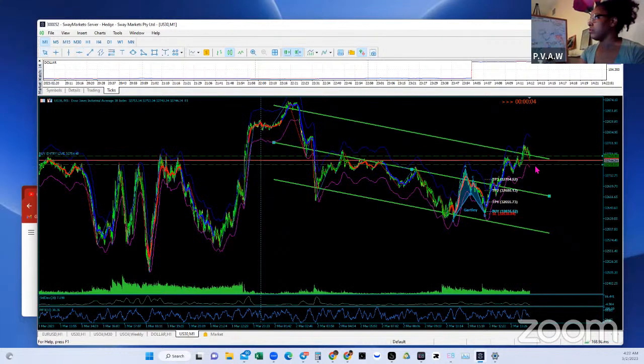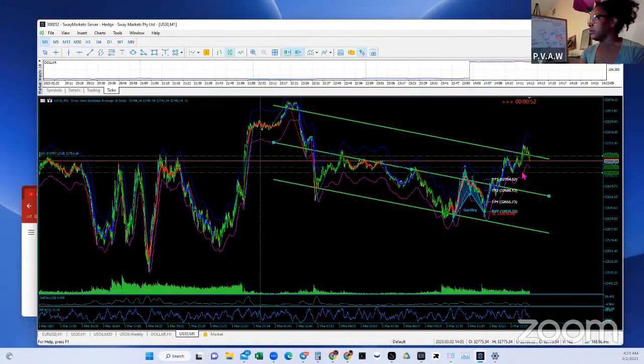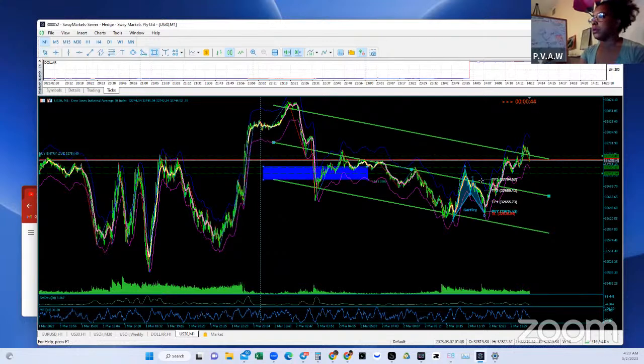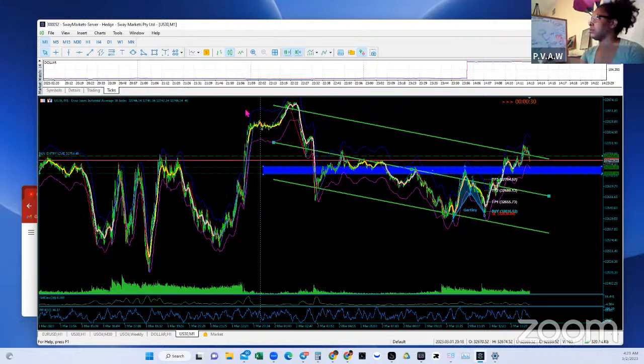So we should not be breaking below this area in here, which we'll call our demand area, around 32717.